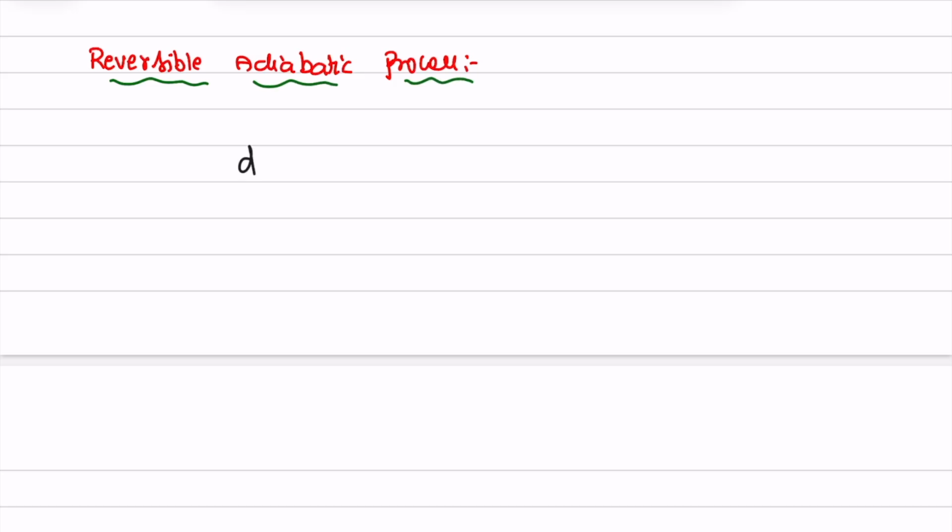What is du? du is equal to TdS minus PdV. That implies when there is no heat change, TdS is nothing but Q reversible. This is Q reversible, and it is equal to 0. There is no heat change.